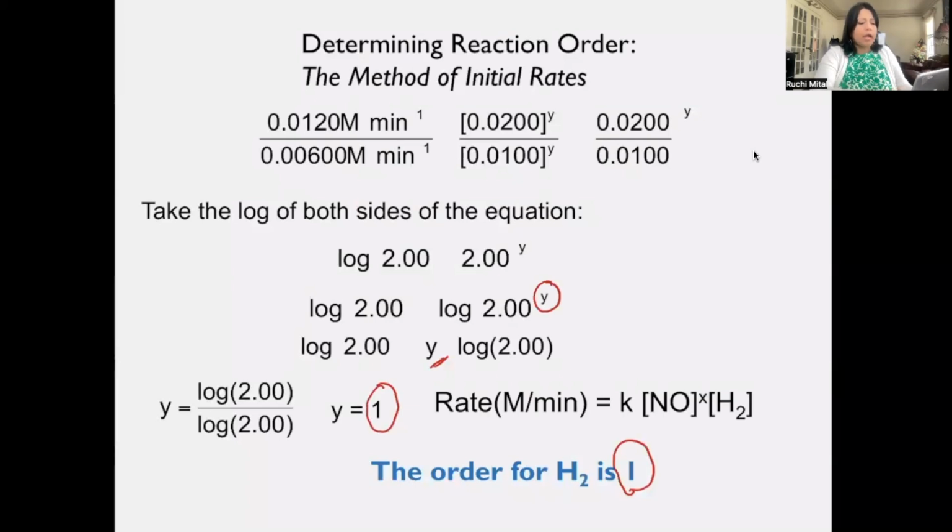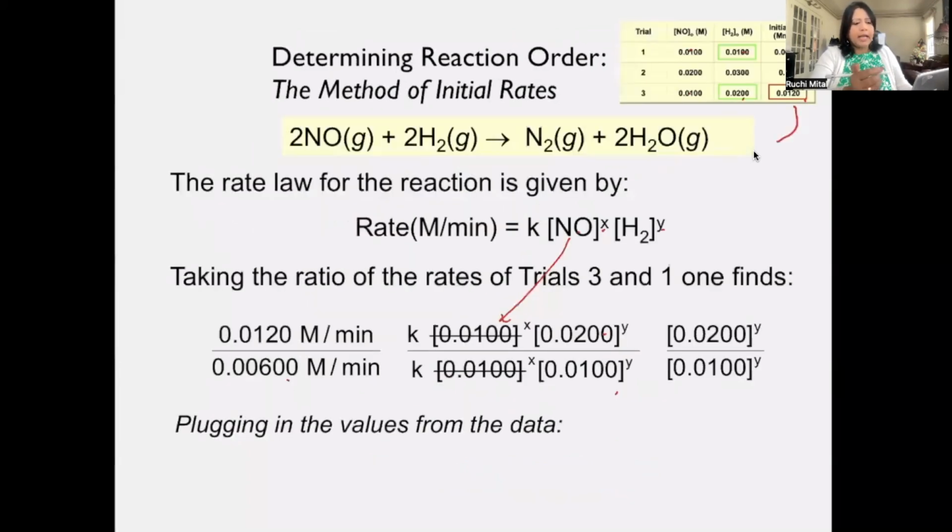The other way to look at it is that if the concentration is doubled, and also the rate is doubled, we say that it is a first order. Let's say if this was tripled and the rate was also tripled, then it is still a first order. If it is quadrupled and the rate is quadrupled, we say it is a first order reaction.